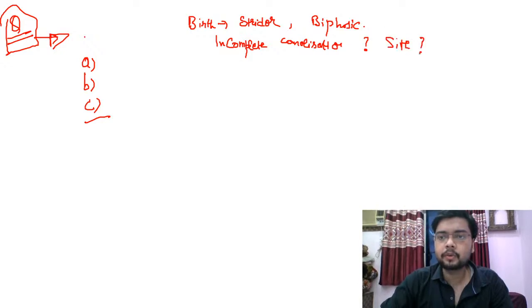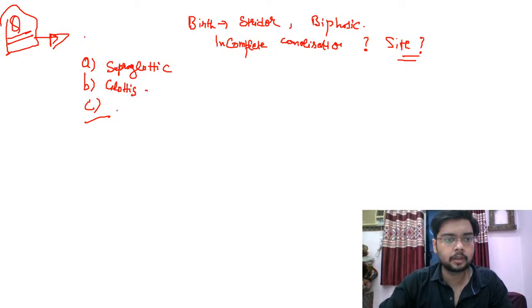So again it involves some concept, and we'll just see the options. A is supraglottis, so it will become easy once you know the concept. Supraglottis, glottis, trachea and hypopharynx.